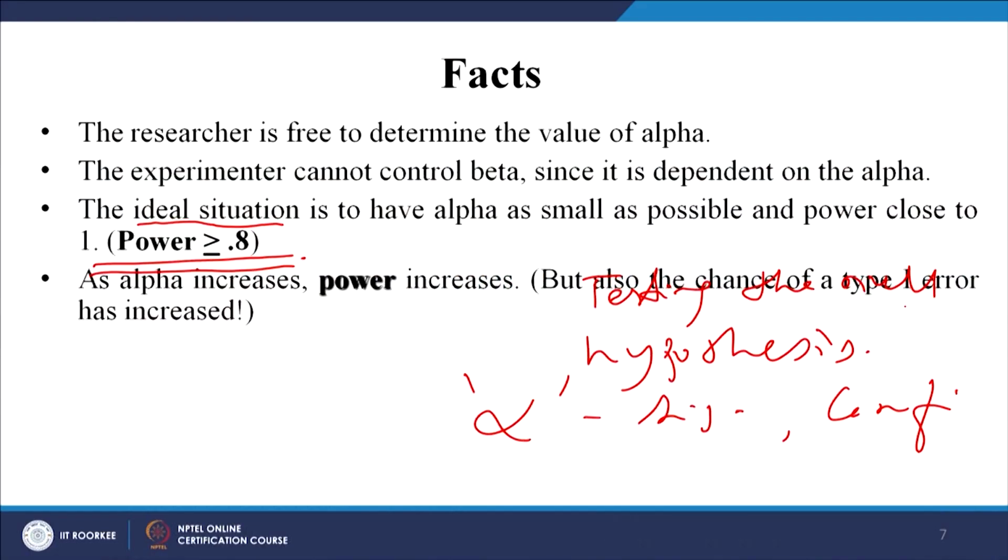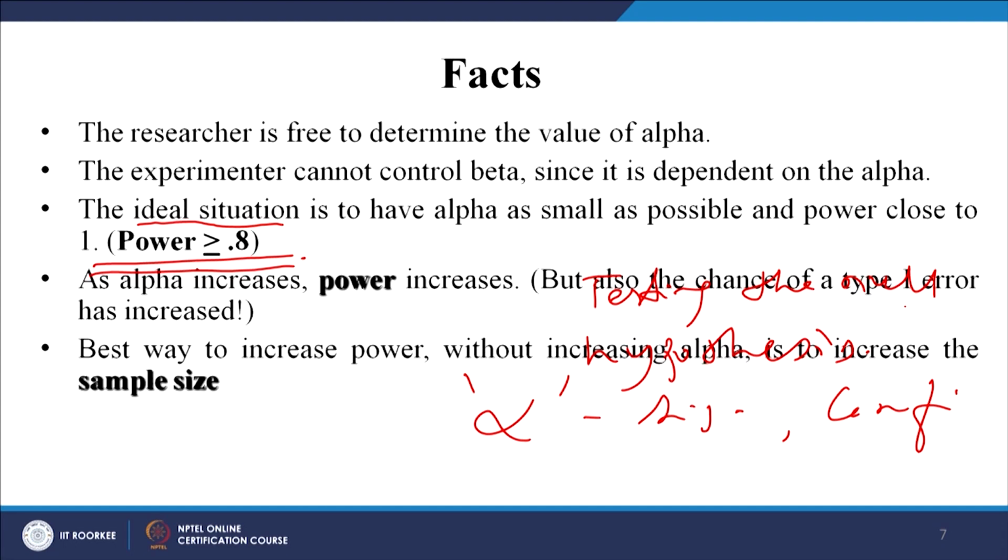So, that you can always check. As alpha increases, the power increases, but also the chance of a type 1 error has increased. The best way to increase power without increasing alpha is to increase the sample size, as I just explained.